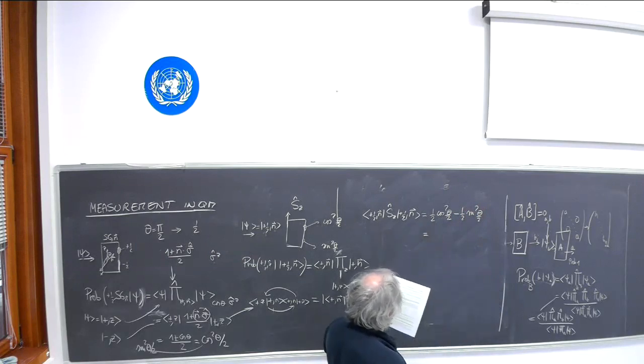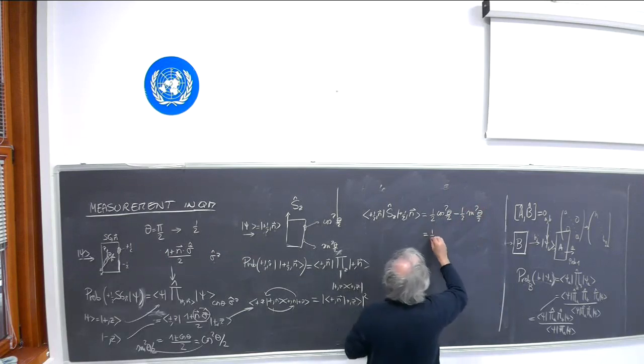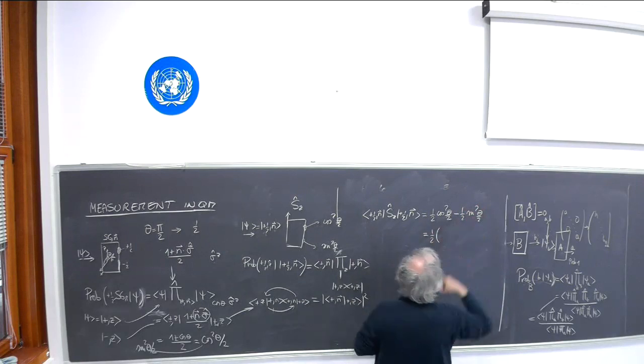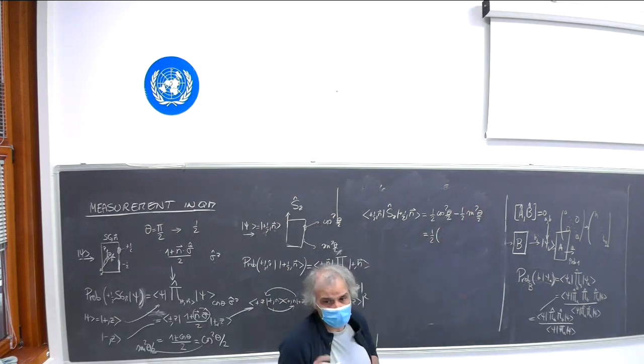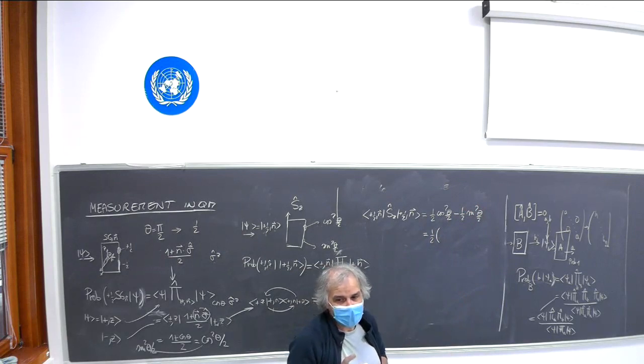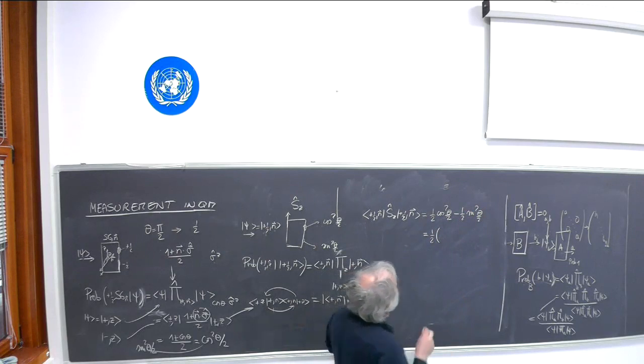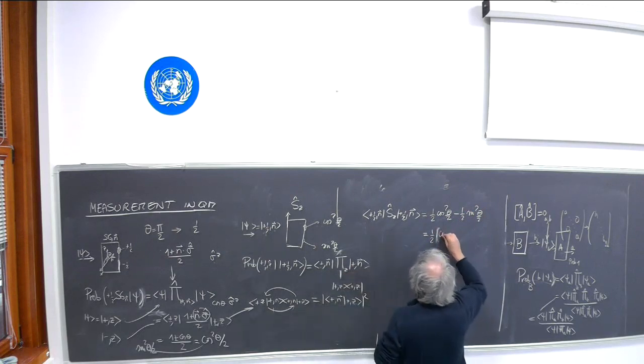Now, you know how much is this? This is 1/2 times the cos square minus sine square of theta over 2, which is, by trigonometry, the cos theta. So 1/2 cos theta.